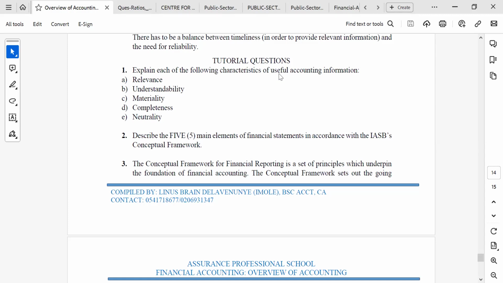The composition of the financial statement is what we call the elements. So those are the assets, liabilities, equity, income, and expenses. Please know that from today, the elements are the main items that comprise the financial statements.